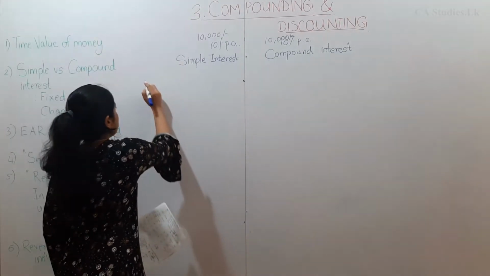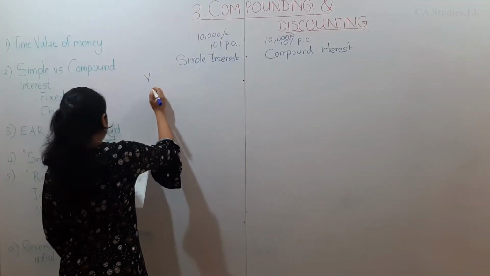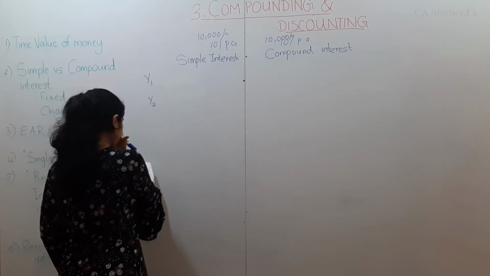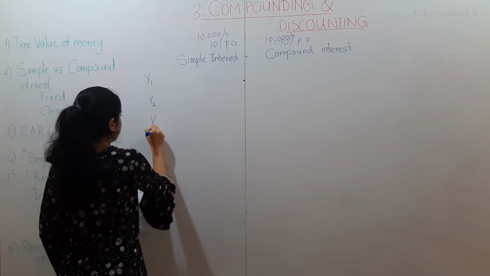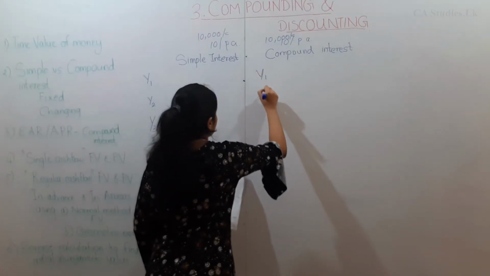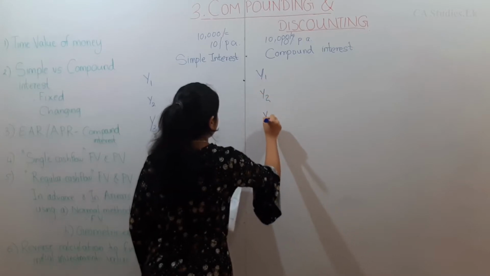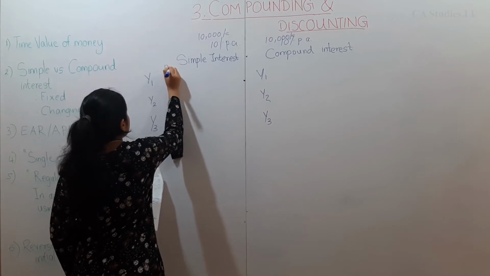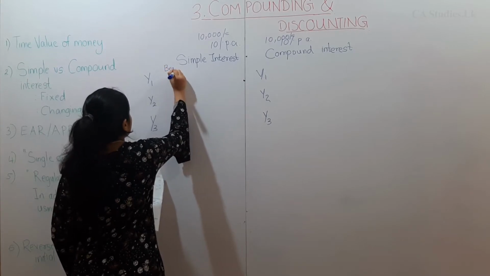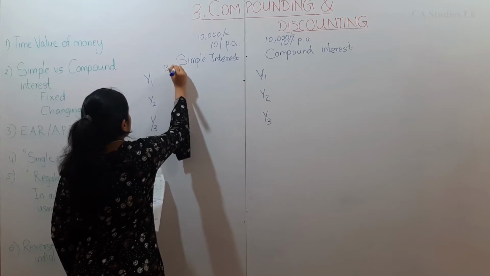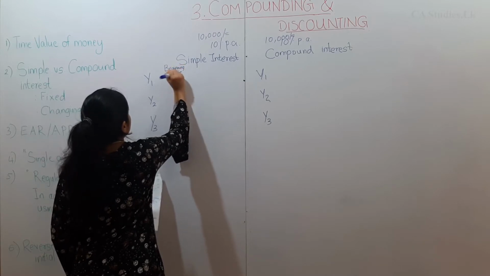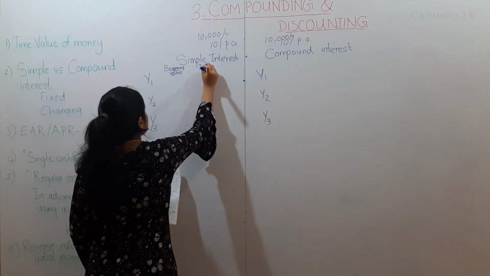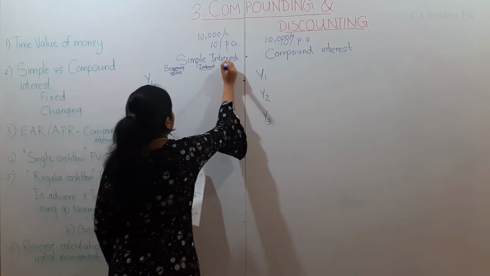So first of all, put your years over here. Okay, year 1, year 2. So it's a 3-year investment that they have mentioned. So we put up to year 3. Under compound interest also do the same. So put the headings: beginning value, interest, end value.